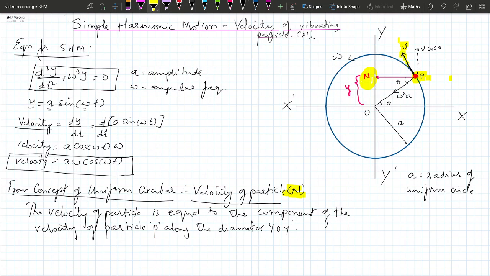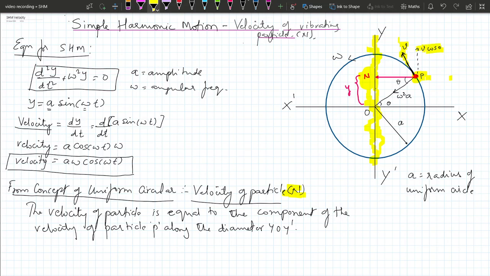The velocity of the point n is nothing but the component of the velocity at the point P along y o y dash. So along this diameter, the corresponding velocity component of P is v cos theta.